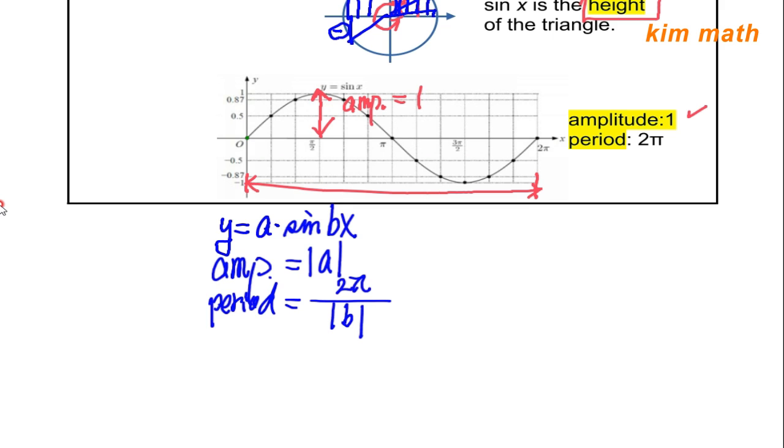Okay, so very interestingly, if this number is increasing, then amplitude is increasing. It's a kind of stretch of the graph vertically.